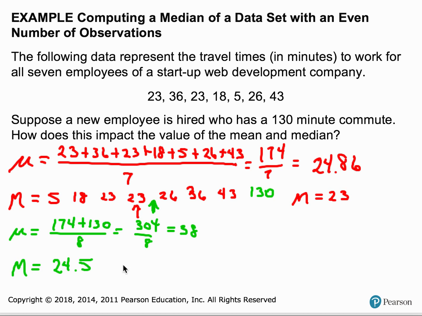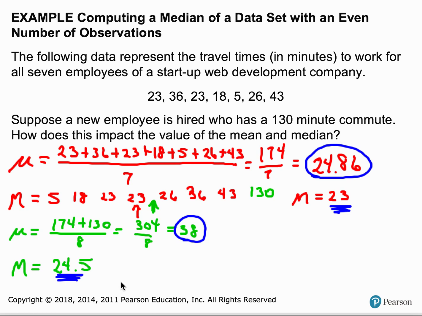Right? So notice the difference in how much the mean changed versus how much the median changed. Right? So the mean is really influenced by extreme outliers.